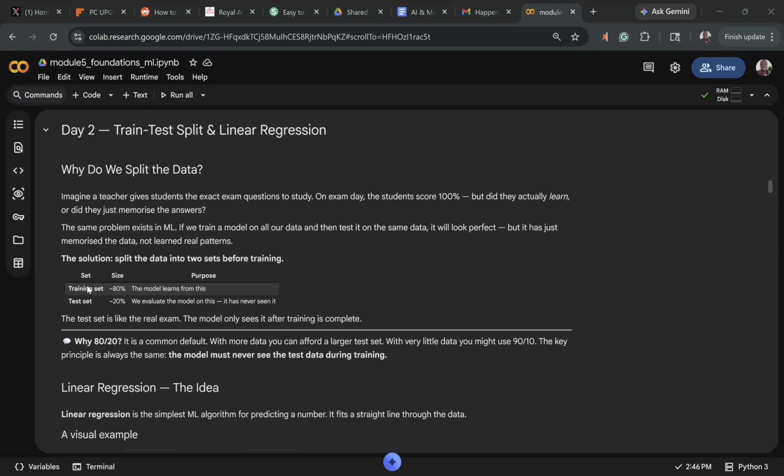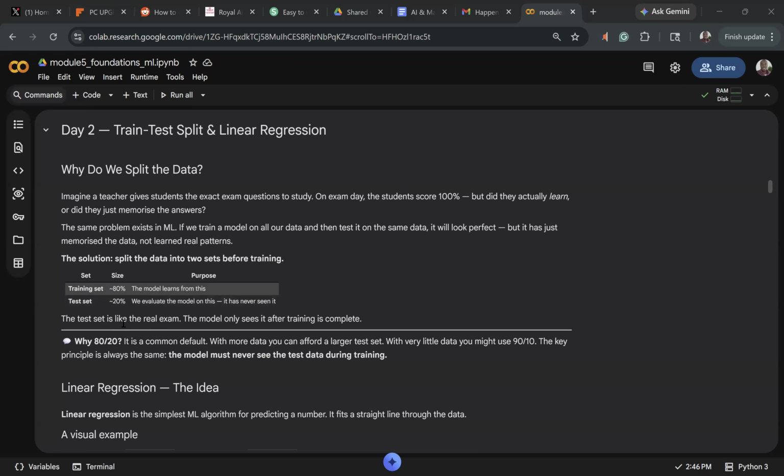The first one is the training set. Usually we have it around 80% if we have a lot of data. The model learns from this. Then we use the remaining 20% to evaluate the model, in such a way that it has never seen those data points before.